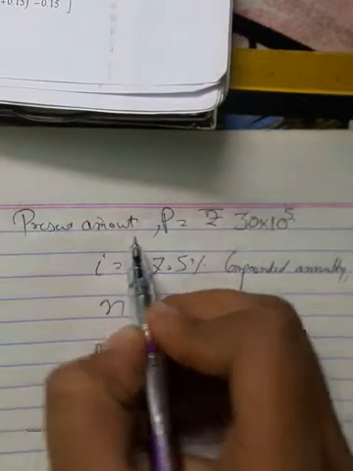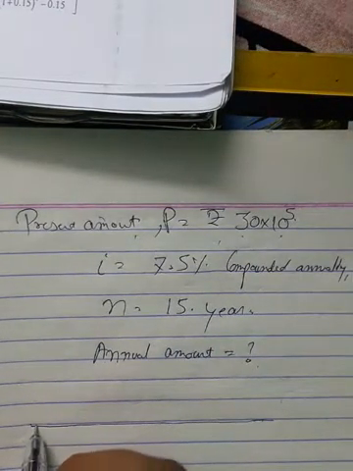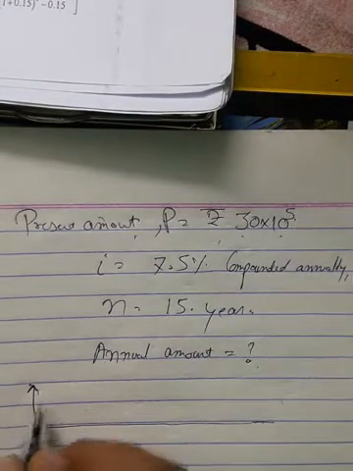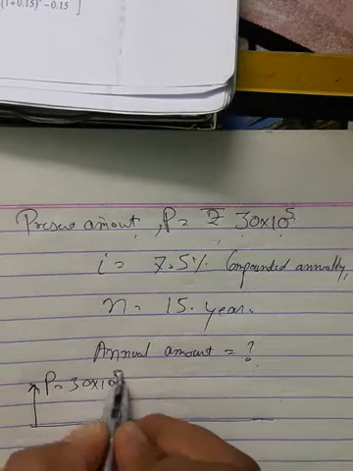First draw a cash flow diagram. The present amount you are going to receive as income, so draw an upward vertical line. Mention here P is 30 times 10 raised to 5, that is 30 lakh.